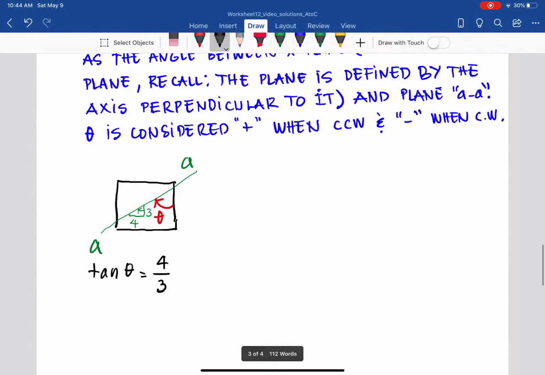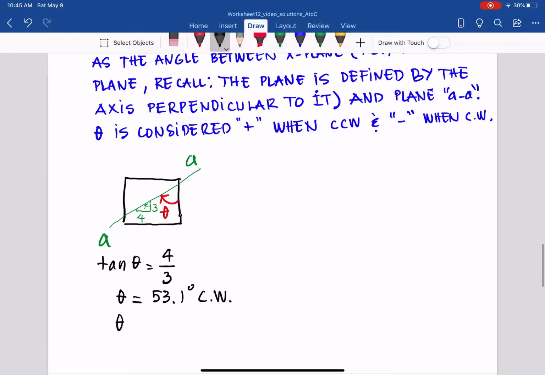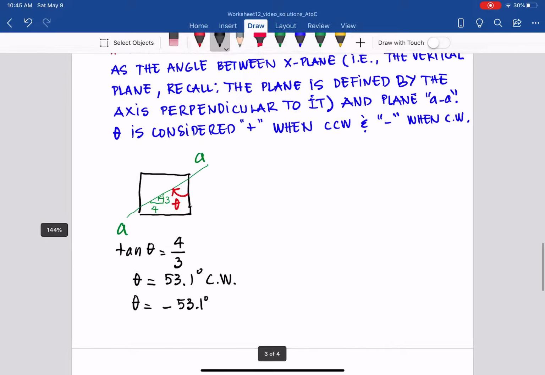So theta is the inverse tangent, 53.1 degrees, and in this case it is clockwise. When it is clockwise, by definition, it is negative. So when applying it in the equation, it should be negative 53.1 degrees, because that is clockwise.